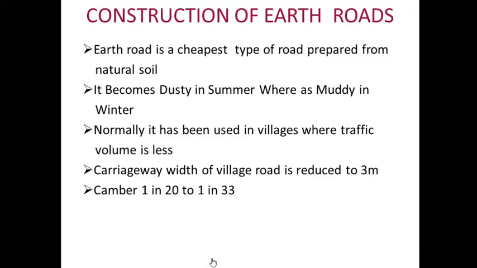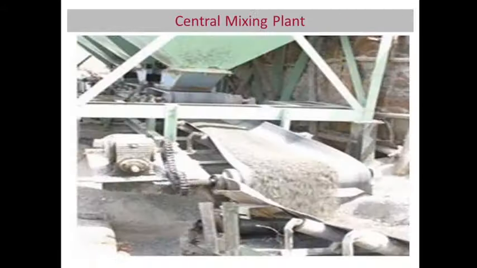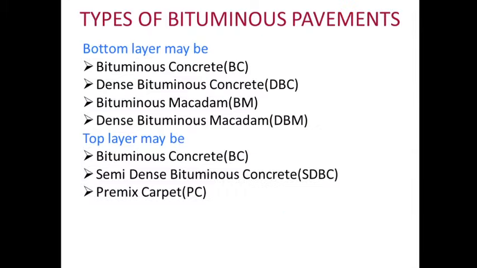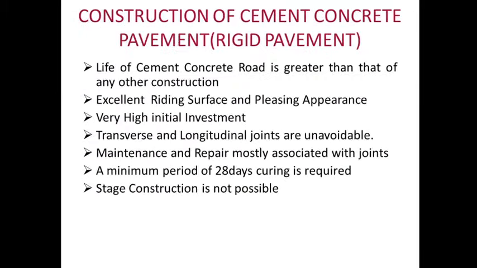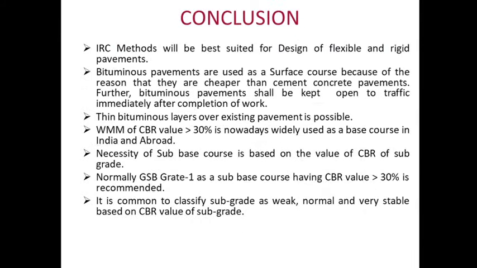Then conclusion. The IRC method will be best suited for design of flexible and rigid pavement. Bituminous pavements are used as a surface course because they are cheaper than cement concrete pavement. Further, the bituminous pavement can be kept open to traffic immediately after completion of work. Bituminous layers over existing pavement are possible.